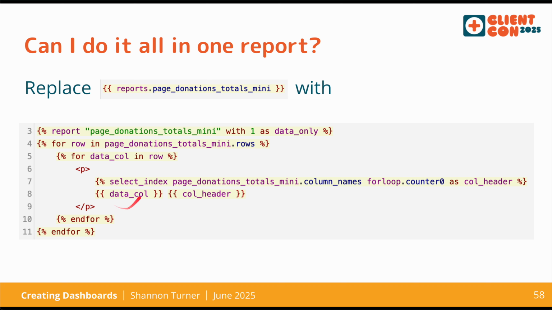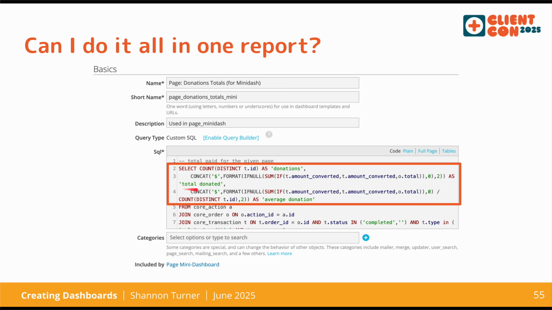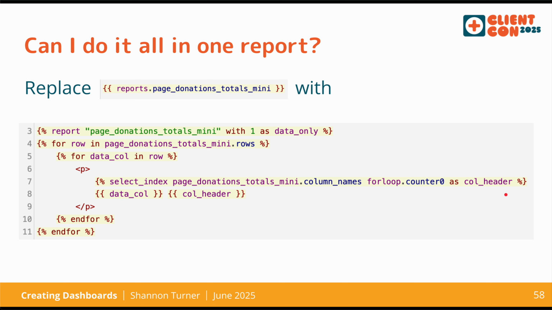I want to show the data and then the column header. So in this case, the column names came in handy here. If I go all the way back, these column names are what made these show up here, and also is going to make what appears in our dashboard.